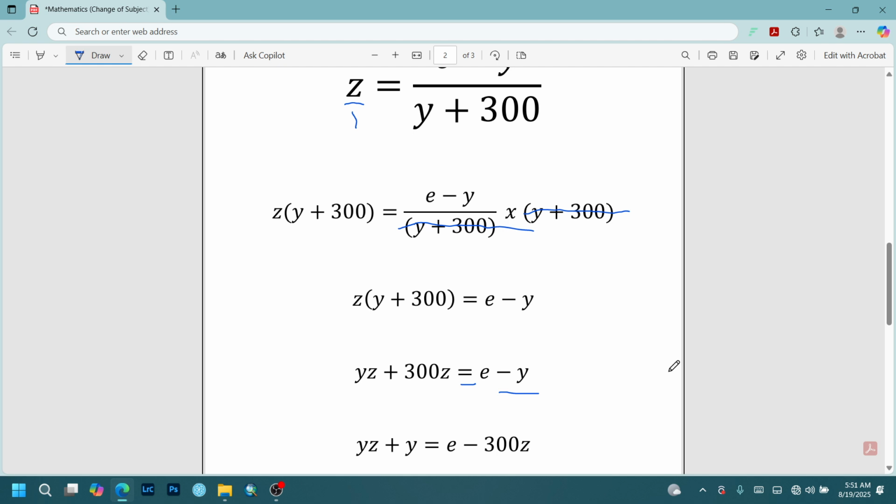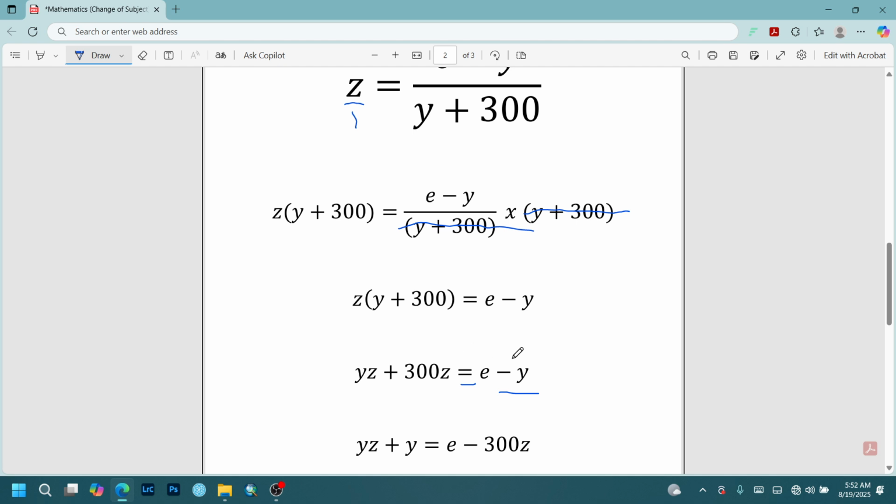Negative y is a negative variable, so when it crosses the equal to sign, it becomes a positive variable. Similarly, supposing y was a positive number and crossed the equal to sign, it would change its form to become a negative number.